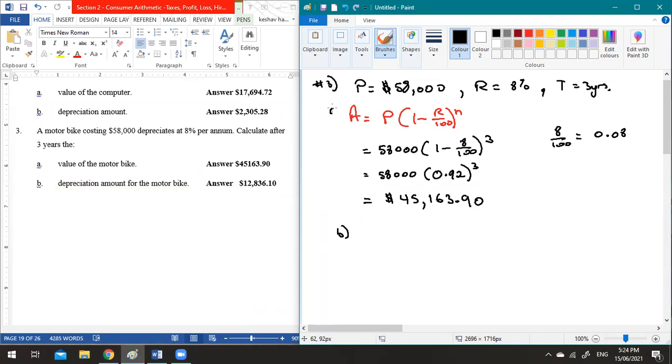And part B, the depreciated amount is the principal amount minus the amount it is worth. Minus $45,163.90.